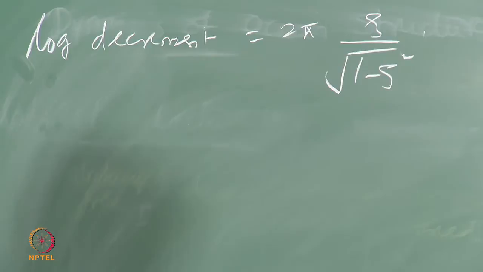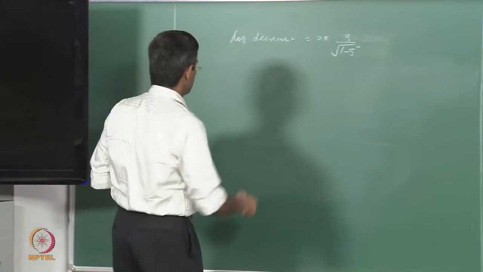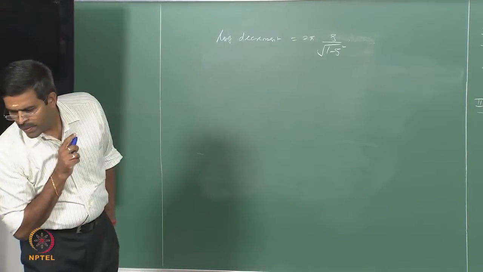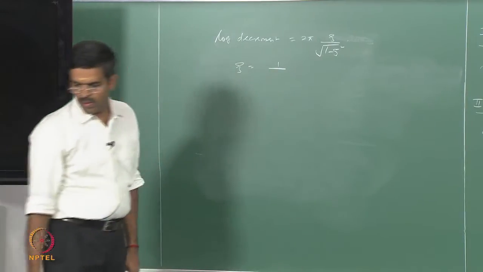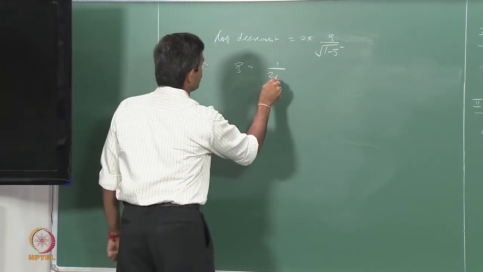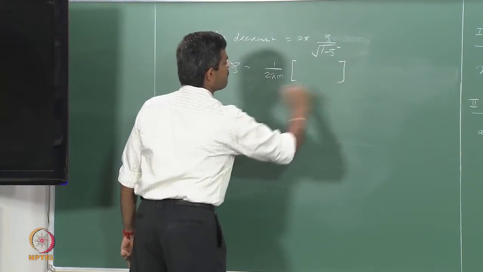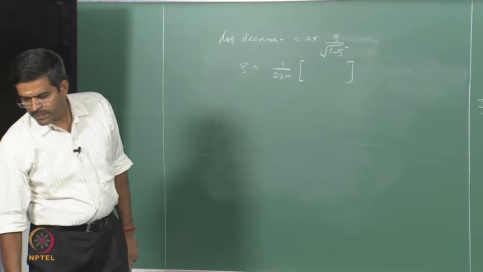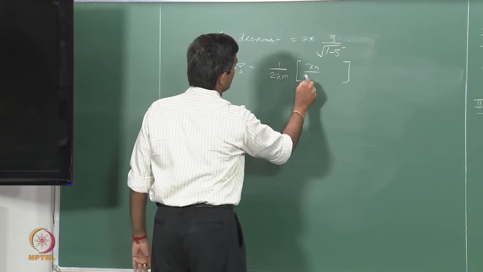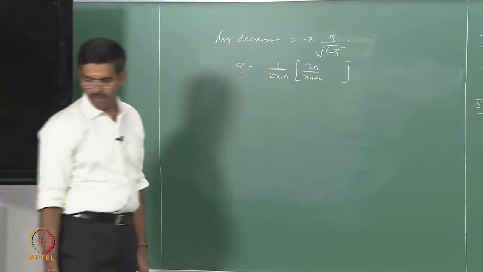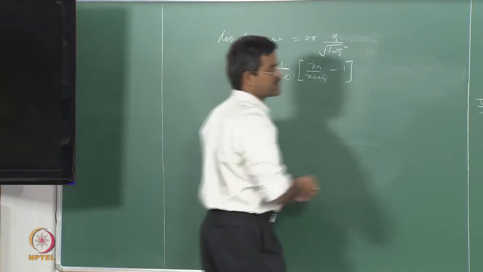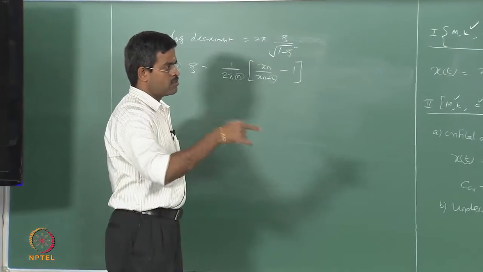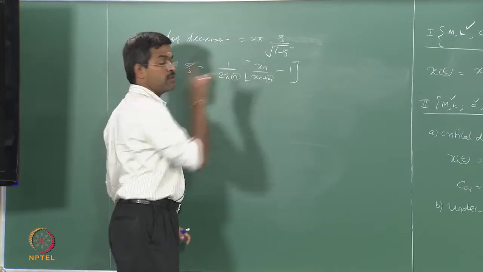If you want to make it more general, then zeta can be given by 1 by 2 pi m times log of x n by x n plus m minus 1, where m is the number of successive peaks, either positive or negative, and n is the first point where you are starting.